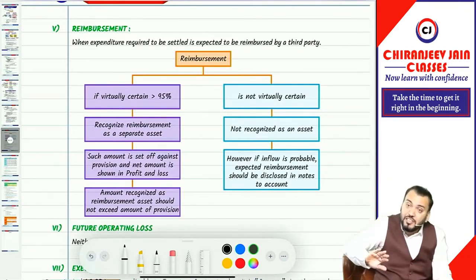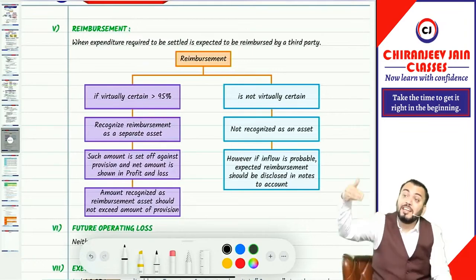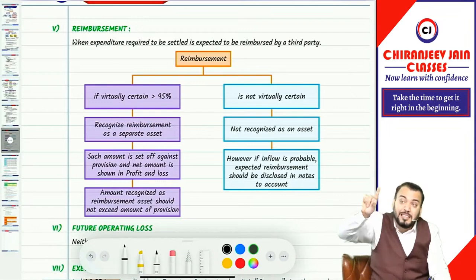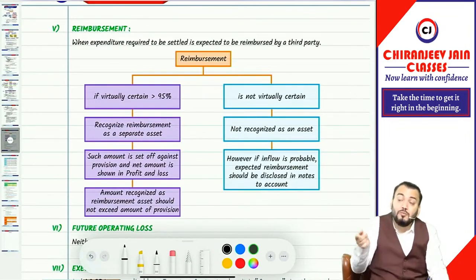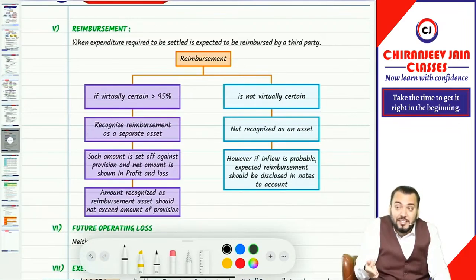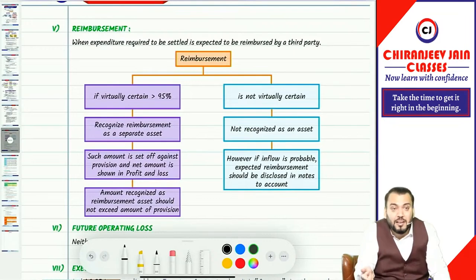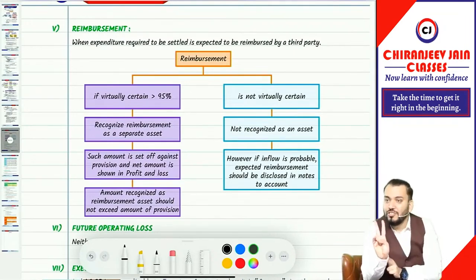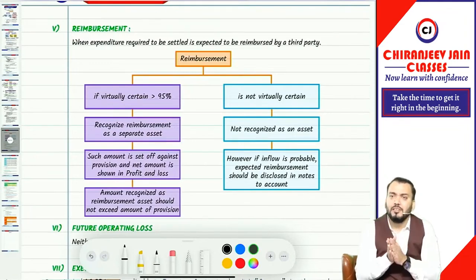But whatever expenditure will be incurred might be reimbursed by a third party. So if it will be reimbursed by a third party, now 2 questions will arise. First question, whether provision is required. Second, if required, what will you do about reimbursement? Okay? 2 questions arise.